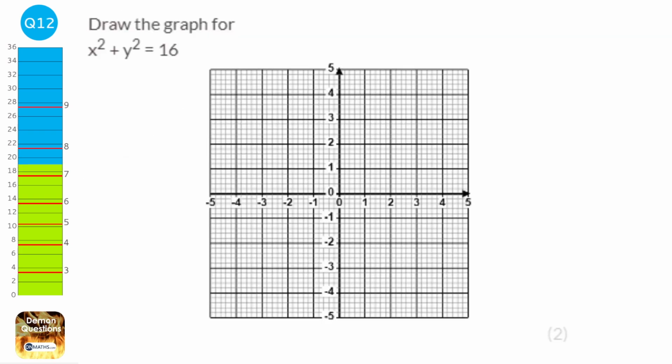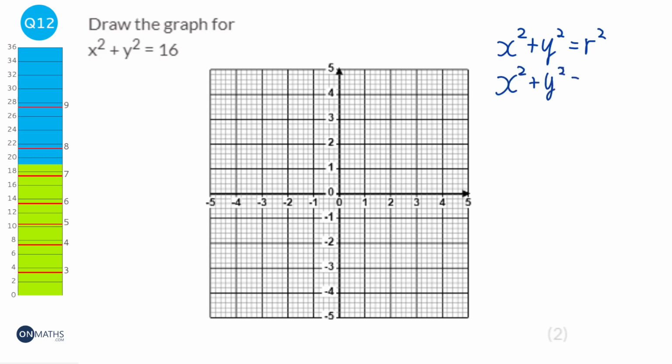This question relies on the fact that you know what the equation of a circle is. The equation of a circle is x squared plus y squared equals r squared. Now r is the radius of the circle. So when I rewrite this and I write it with our 16 there, we can actually rewrite 16 as 4 squared.